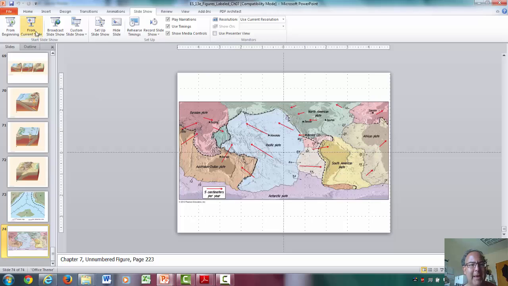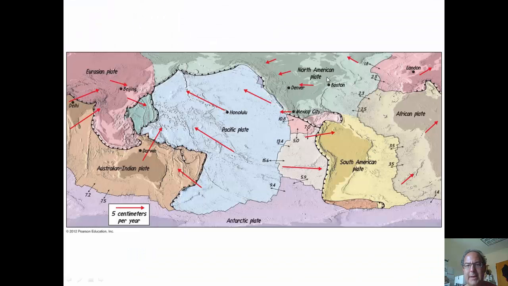Let's look at this map again. Okay, here's the North American plate. It's this whole shaded area. And yes, it does include much of the continent of North America, but it doesn't include all of the continent of North America.